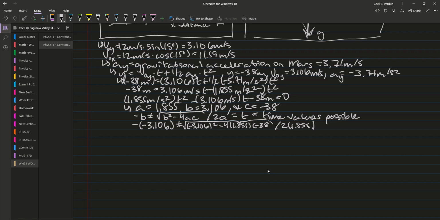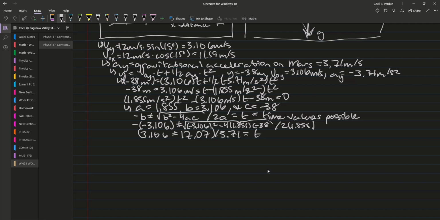If we plug some of this into the calculator and simplify a bit, then we're going to get that 3.106 plus or minus 17.07, all divided by 3.71 is going to be equal to our possible t values.